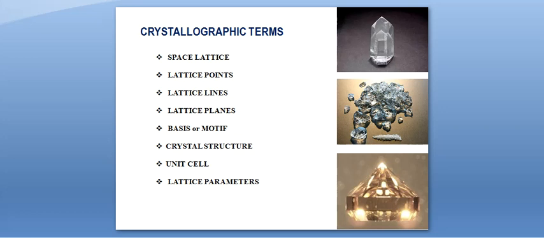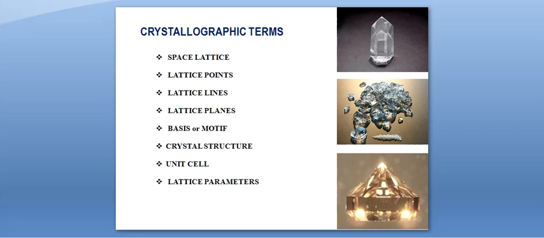First, space lattice; second, lattice points; third, lattice lines; then lattice planes; then basis or motif; then crystal structure; then the very important unit cell; then lattice parameter. These are the crystallographic terms you must know before studying crystal physics.